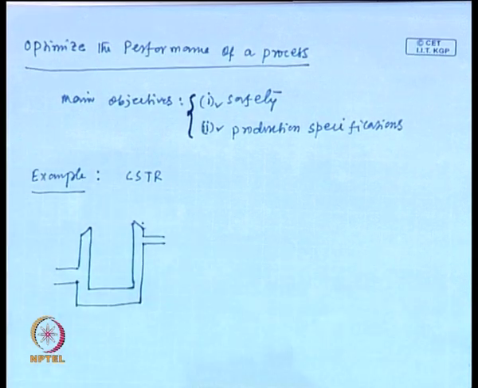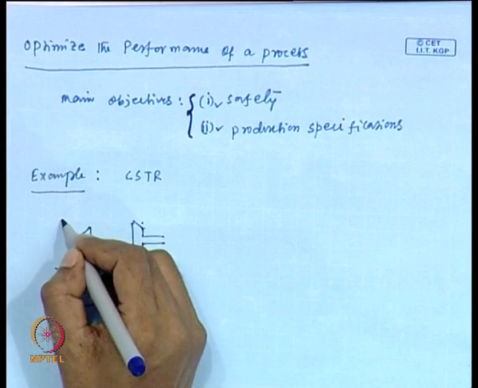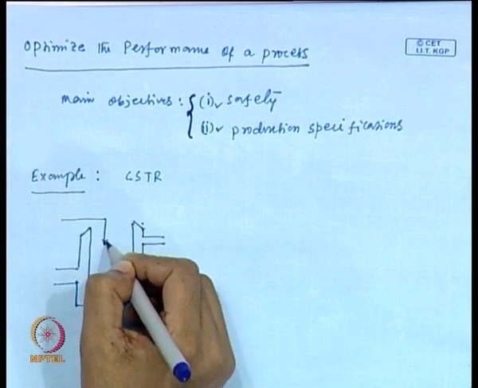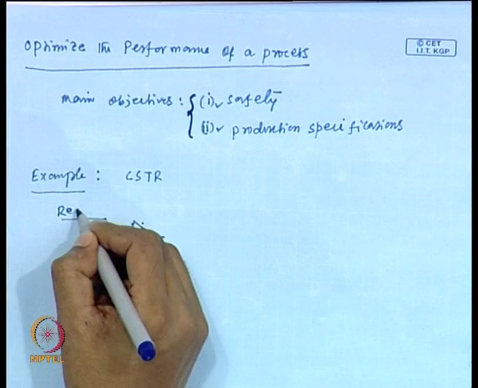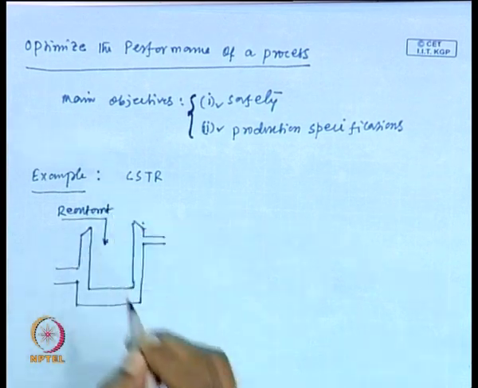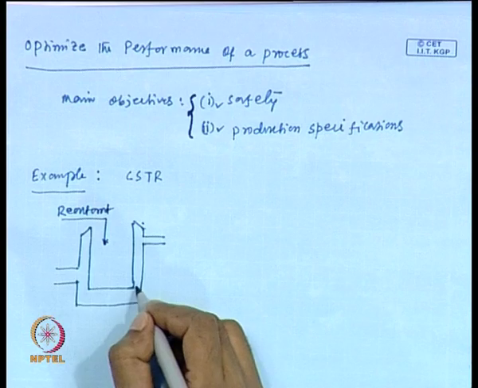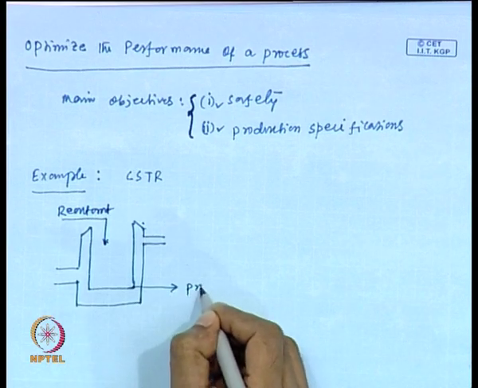This is the schematic of the reactor. Reactant enters the process. This is the reactant and this is the product.